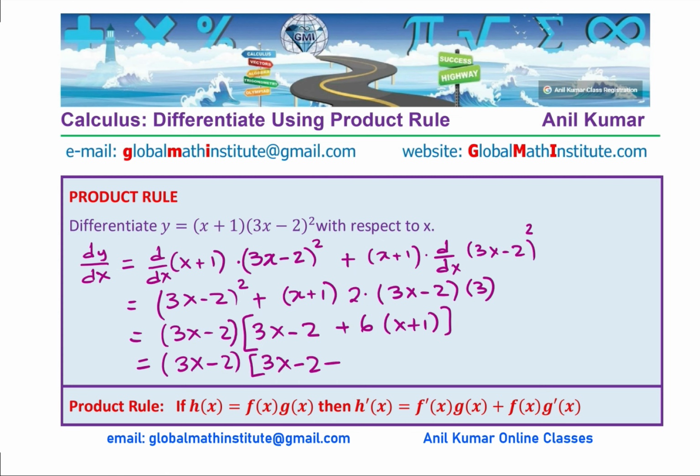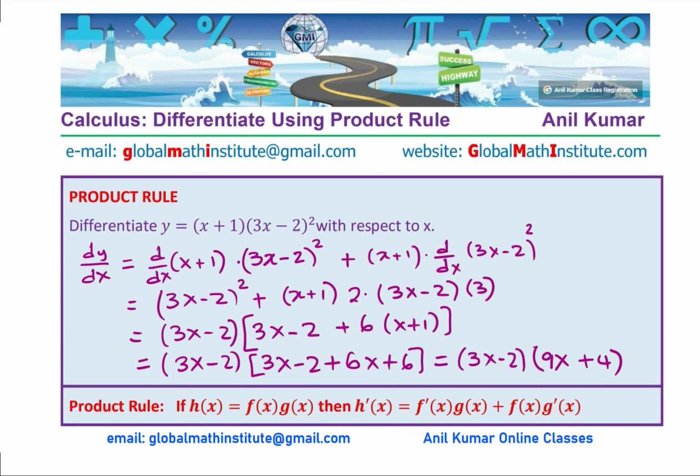Let's open this. We get 6x plus 6, and that is equal to (3x minus 2) times (9x), and minus 2 plus 6 gives us plus 4. So that becomes the final answer as the derivative of the given function.